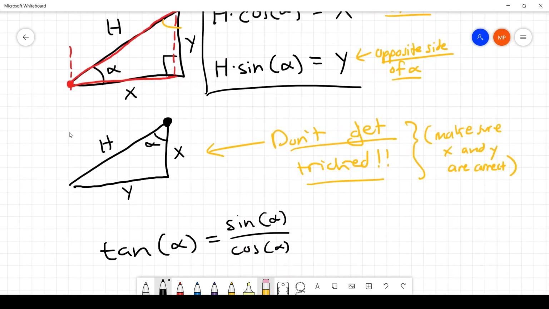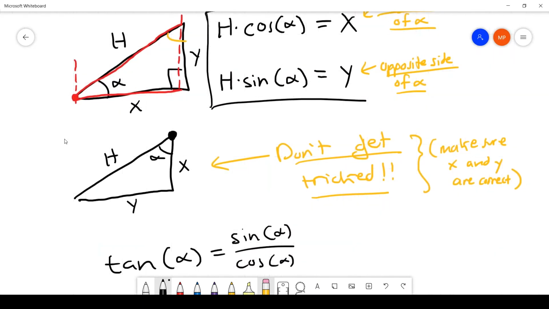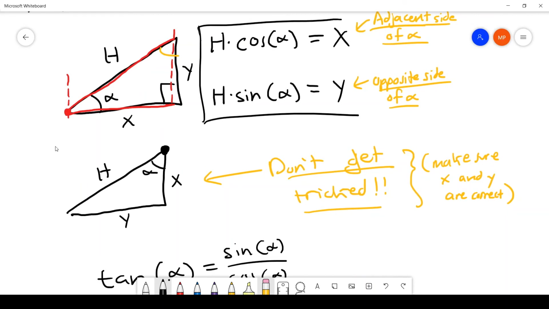And from here, what you can really do is just multiply both sides of these equations by 1 over h, so that basically brings the h's to the other side, and then this will give you your sine and cosine in terms of how it is in method 1, in which you have some value divided by the hypotenuse.